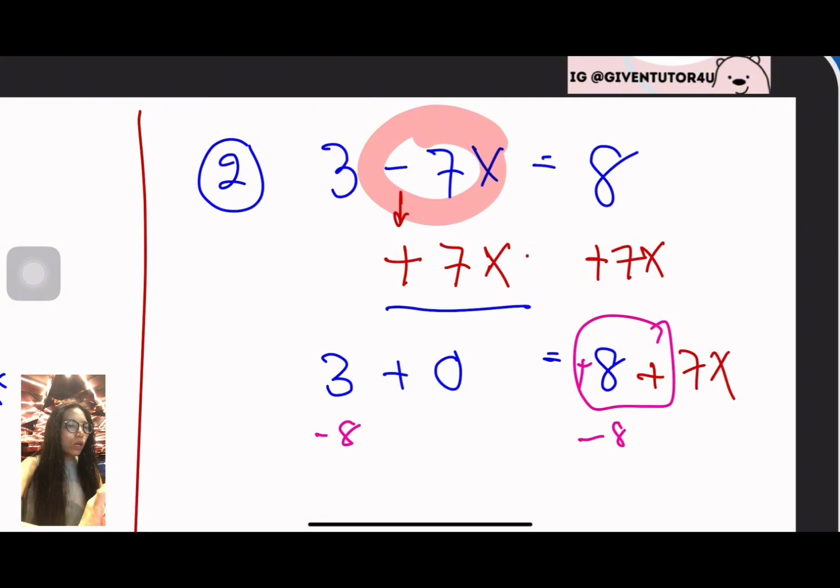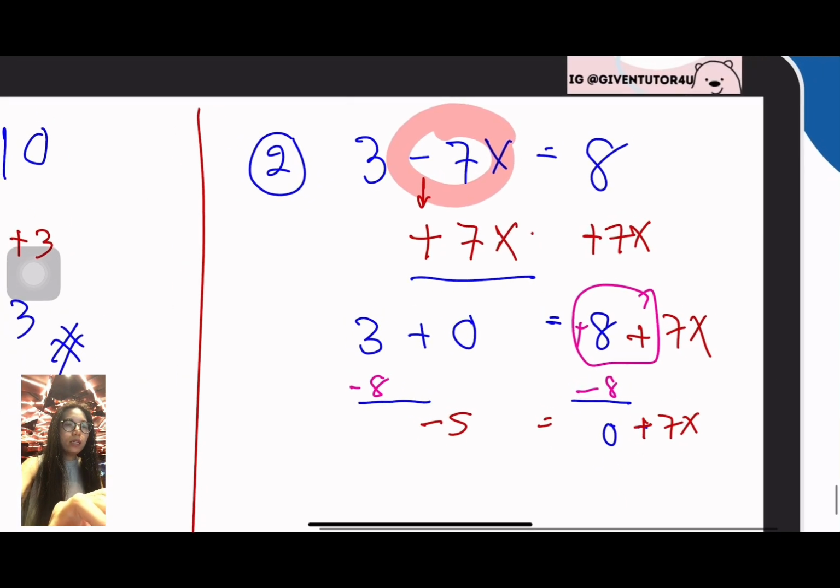After that, when we get here, we get the minus 5, right? So this step, this is the 0 and then plus 7x. You got the minus 5.